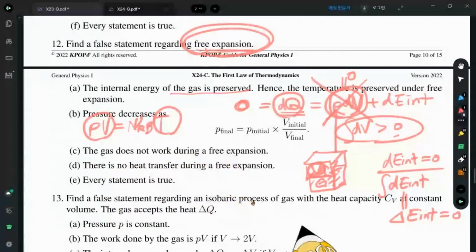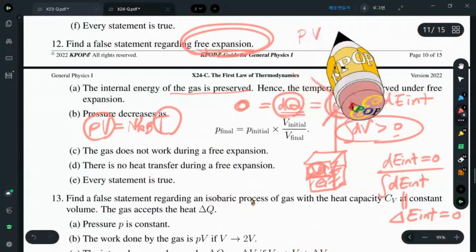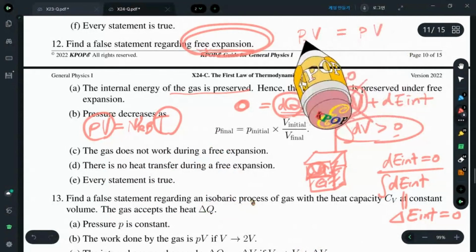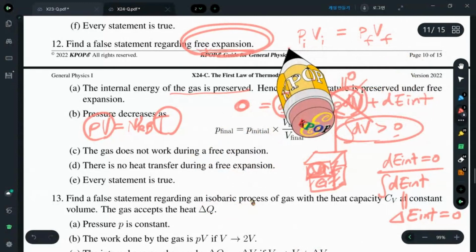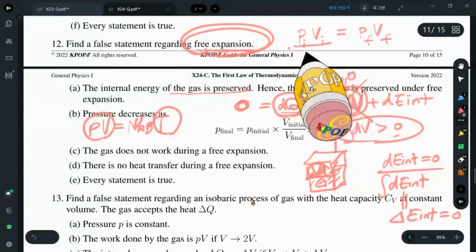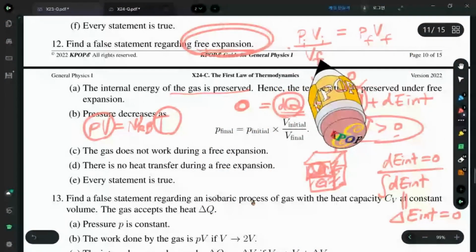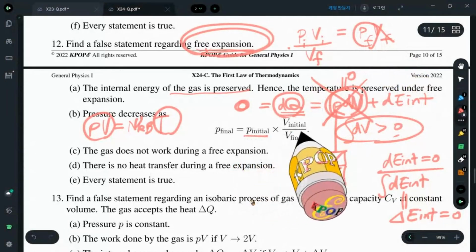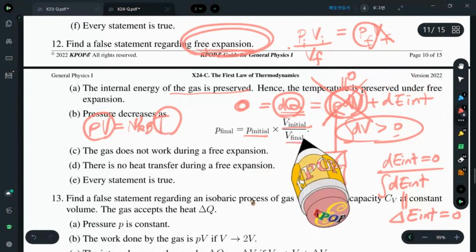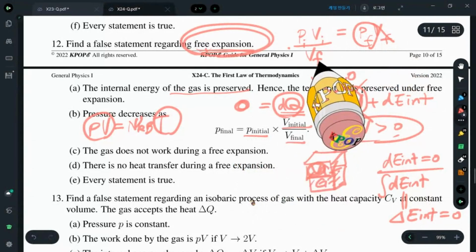Therefore, P initial V initial equals P final V final. Dividing both sides by V final, the final pressure is P initial V initial divided by V final.